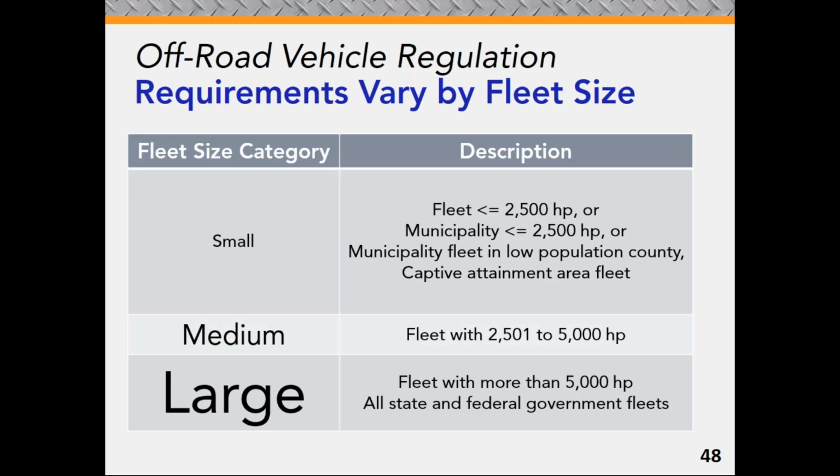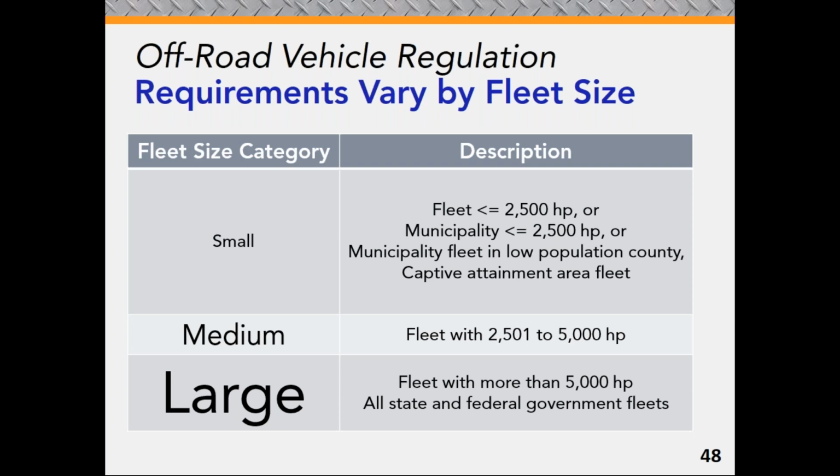The fleet sizes are shown here, and even though there are 3 fleet sizes, we're far enough along in this regulation that medium and large fleets have the same requirements. So any fleet that is over 2,501 horsepower will have the same requirements. If you have a small fleet, you will have a little bit less stringent requirements and a little bit longer timeline.